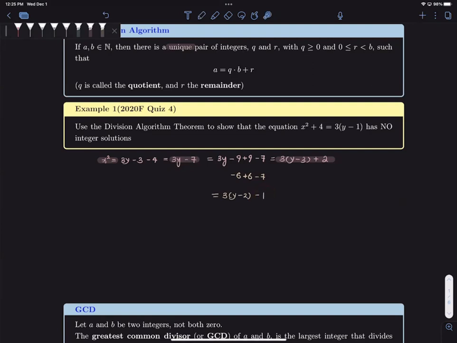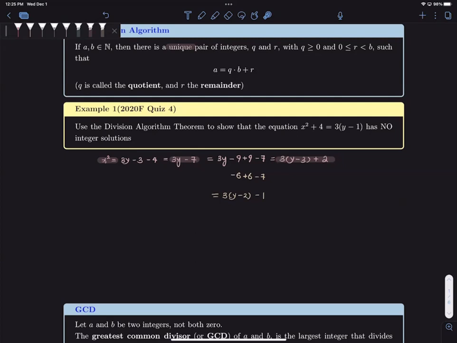I want a positive number because we're talking about the remainder. You don't want remainder -1. You want a natural number as a remainder, right? After you divide by 3, the remainder is 2. So that is the main reason I chose 9 instead of 6 or 3.